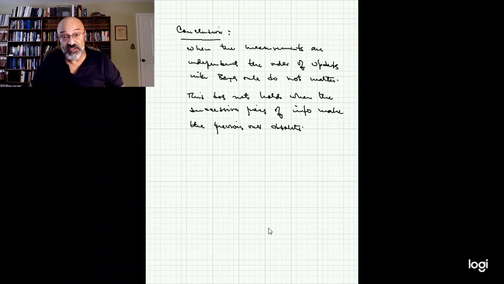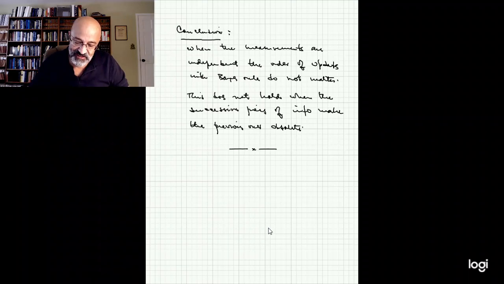Now that's actually important. When you have independence, then it's fine, but if you don't have independence, then you have to be careful. And in many cases, this is indeed true. So in the future, we're going to have to be careful about this. Very good.